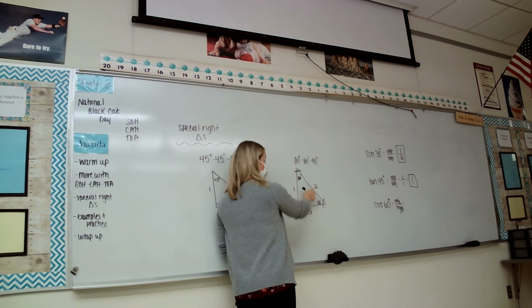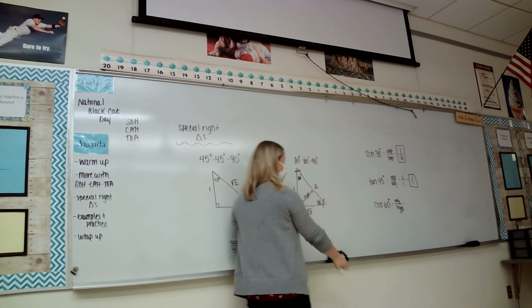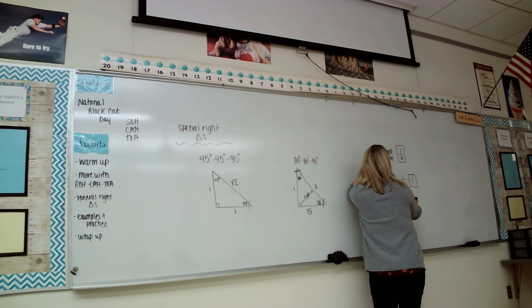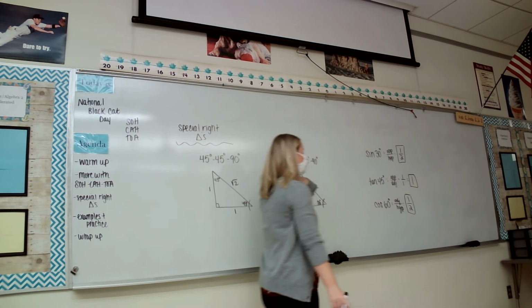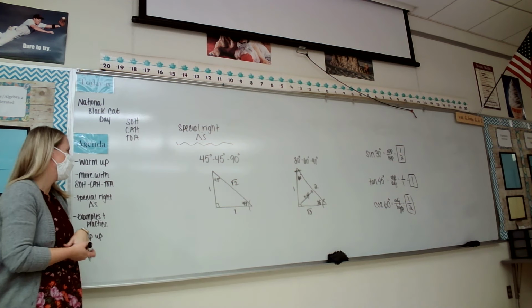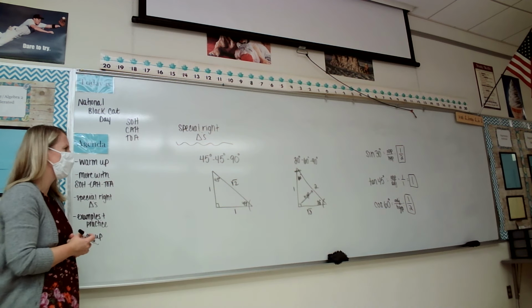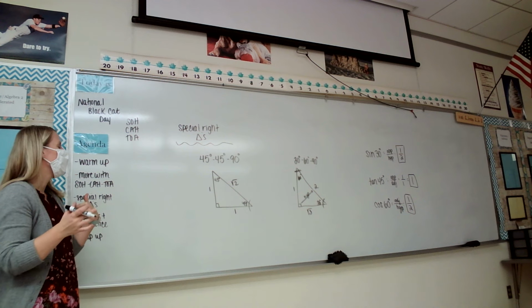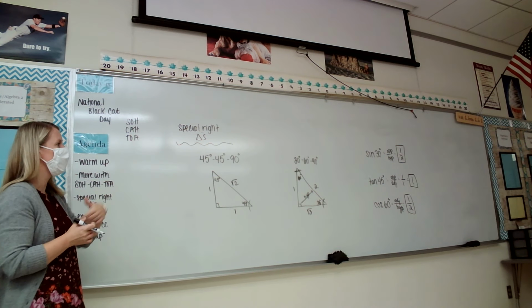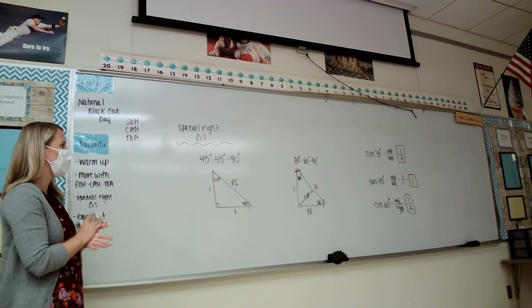Hypotenuse is across from the 90, which is 2. I'm overthinking it here. So your answer will be 1/2. Basically we have these special triangles, they actually pop up a lot, and we use them a lot for some reason. But we're basically relating those two triangles to what we've been doing with opposite, adjacent, and hypotenuse.